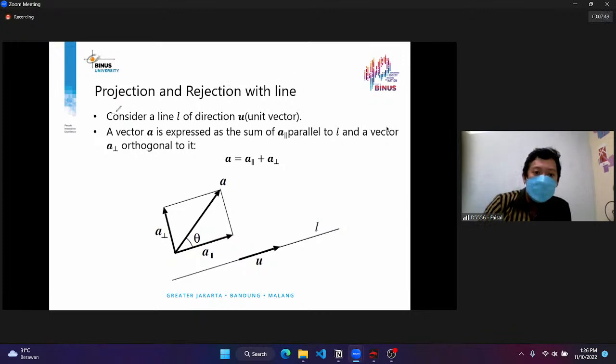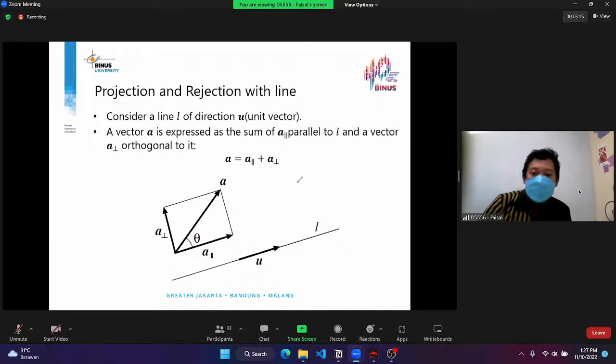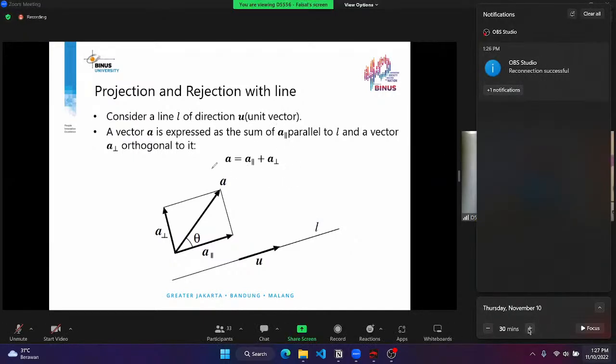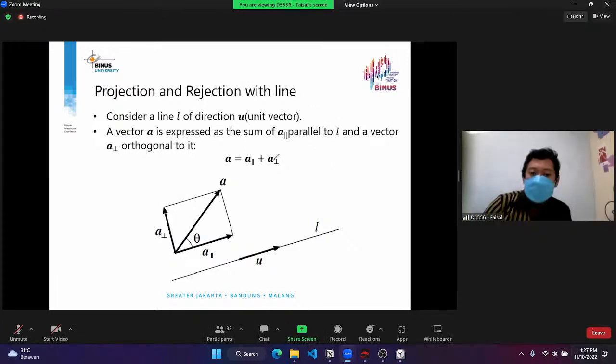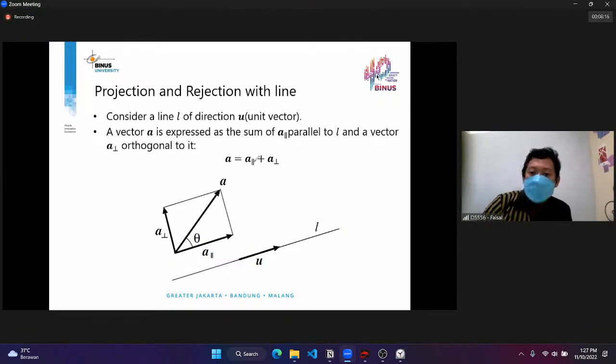So if we want to do projection and rejection of a vector, we need a line. Consider a line L of direction U. We know that every line has a direction. What is a direction? Direction means a vector which is parallel with the line.